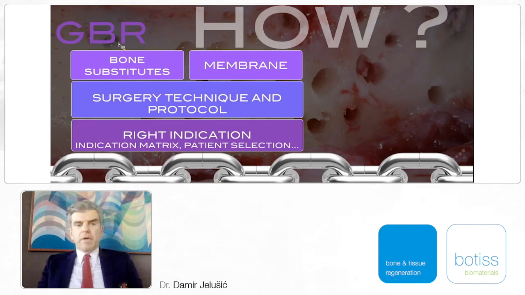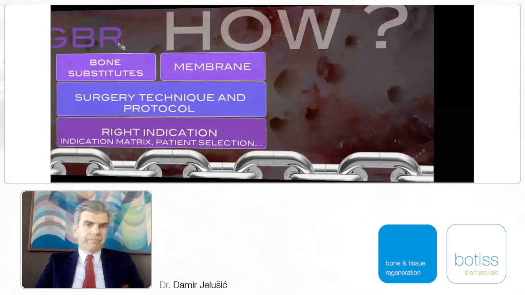It's always the same because all those rings are very important. We need bone substitute and membrane. We need surgery technique and the right protocol. We need the right indication, somehow an indication matrix or patient selection. So when all those rings are connected together, we can obtain a nice result, we can have success, and we can have a very satisfied patient.